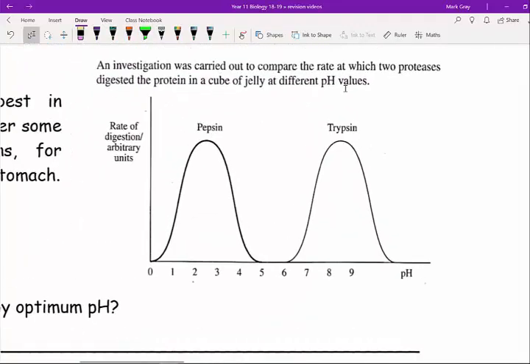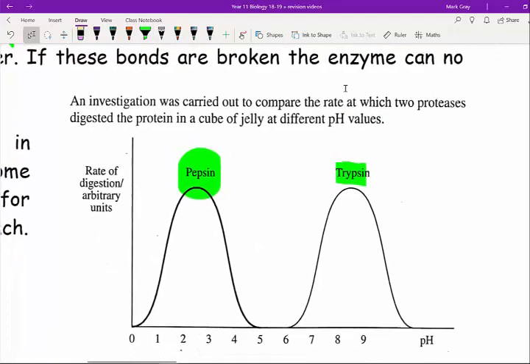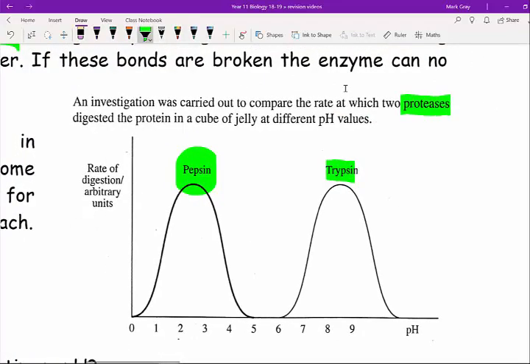So, if we look at this, here we have got pepsin and trypsin, and what it says about these are two proteases, so they will break down protein.